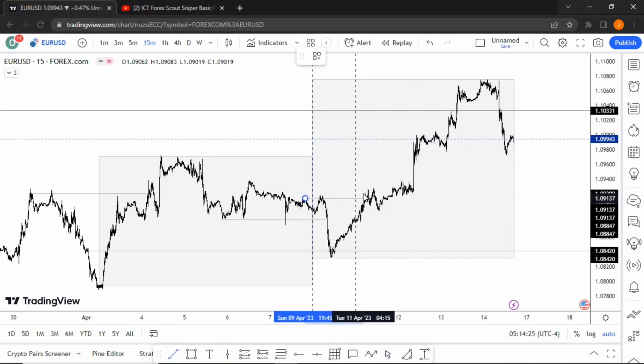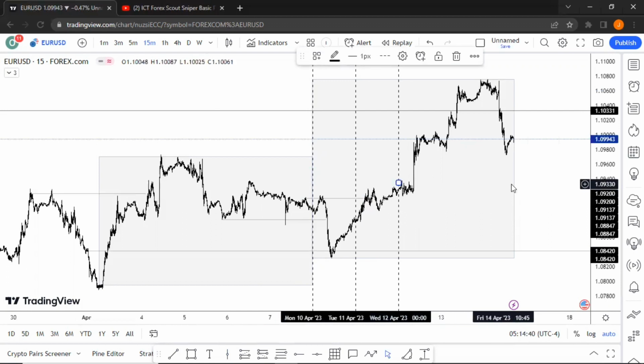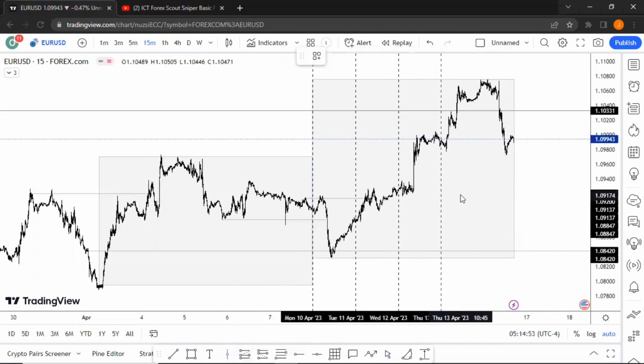We took it out right here, and then we came into an area, pulling back. Then Wednesday opened there, and then Thursday there, and then lastly Friday.